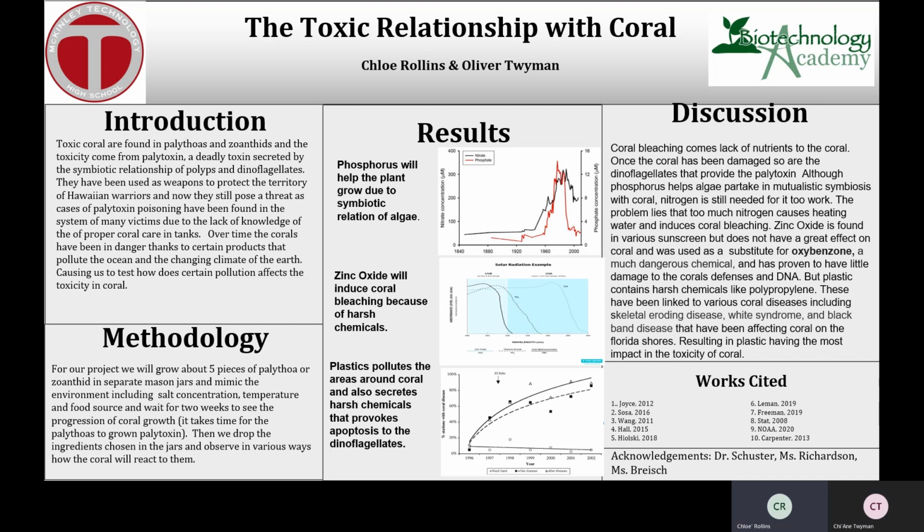Zinc oxide will induce coral bleaching because of the harsh chemicals. The graph shows how zinc oxide works in general with the UV. UVB is very common, and most sunscreens have these three products in them.